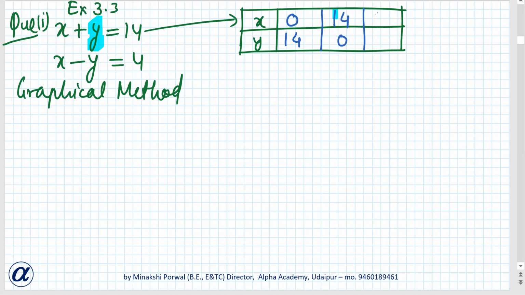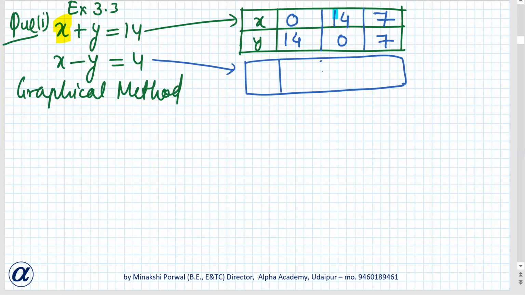When x is 7, y is 14 minus 7, so it is 7. So we got some values to plot. Now for the next equation I am making the same table, x and y. When x is 0, y is -4.